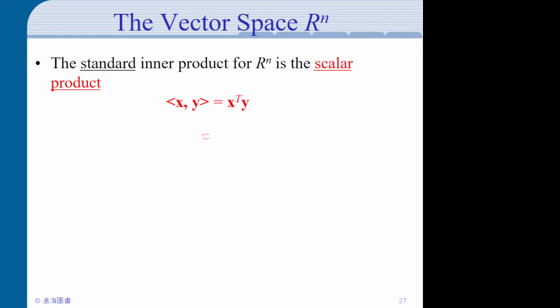So this is x1 y1 plus x2 y2 plus up to xn yn.